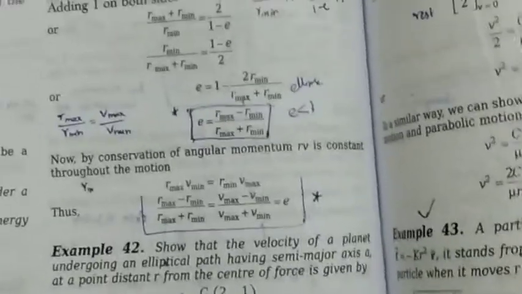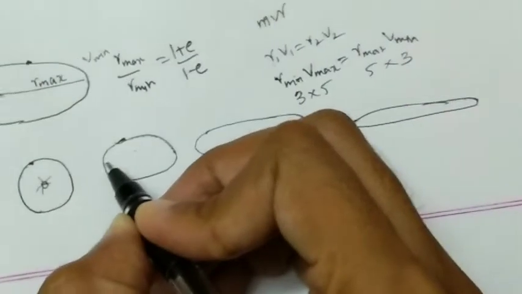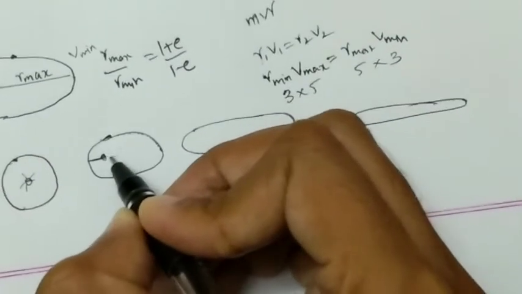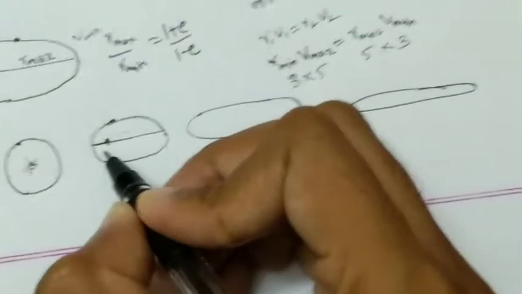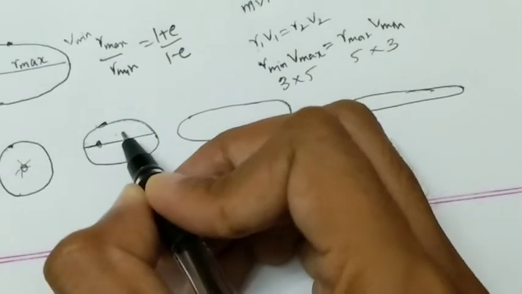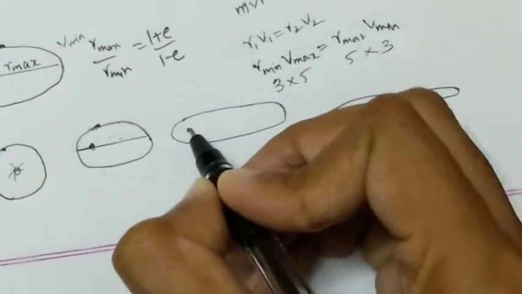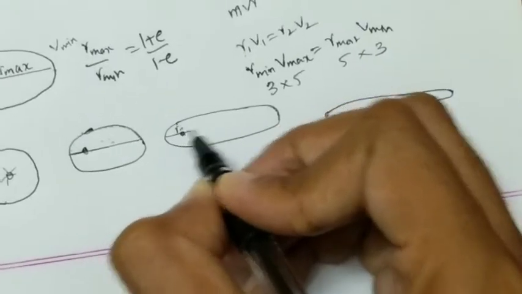So why is it like that? Here this would be R min, this would be R max. Here also it would be R min, R max.